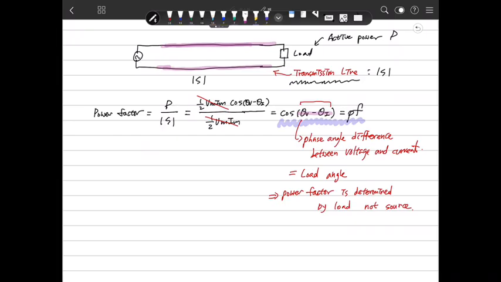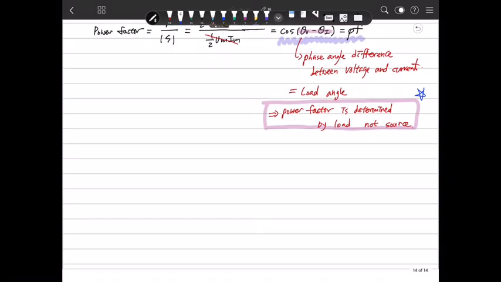This is very important. So active power can be expressed as one half Vm Im times the power factor.